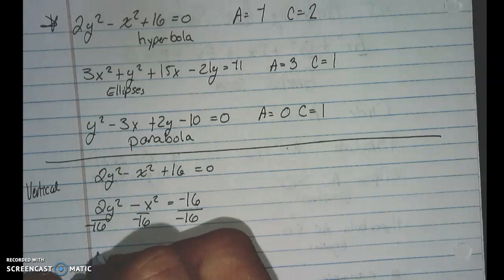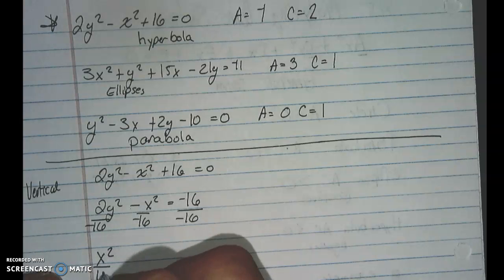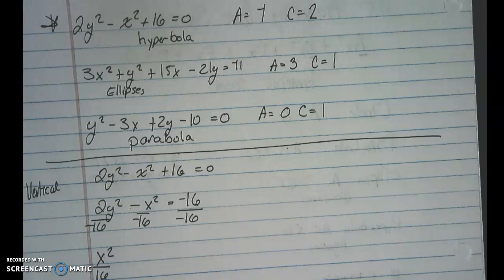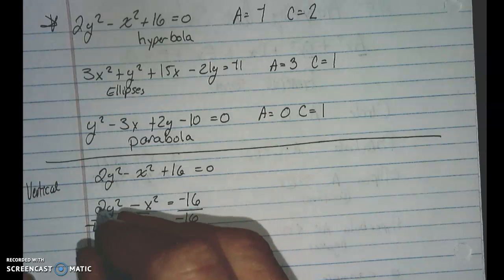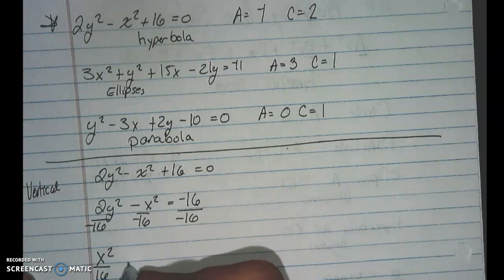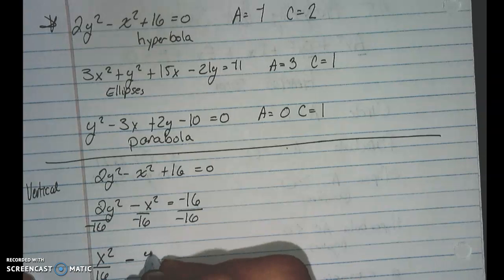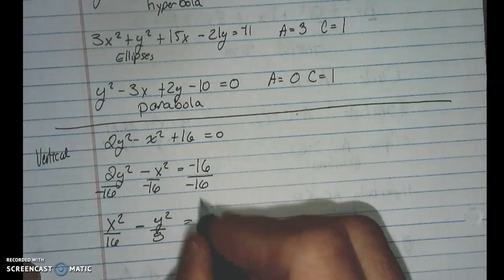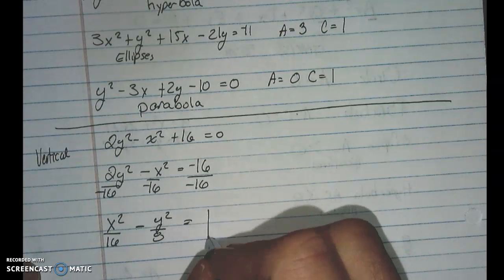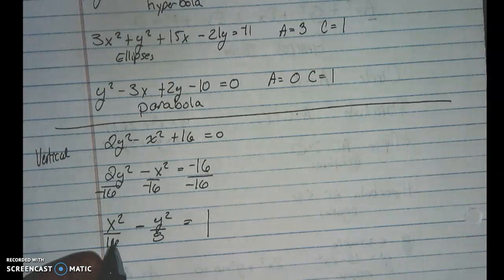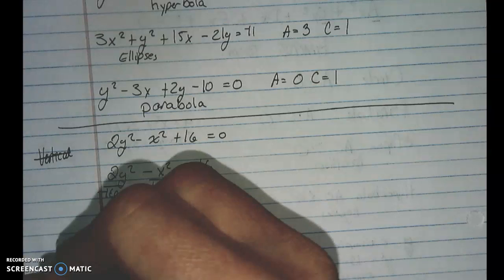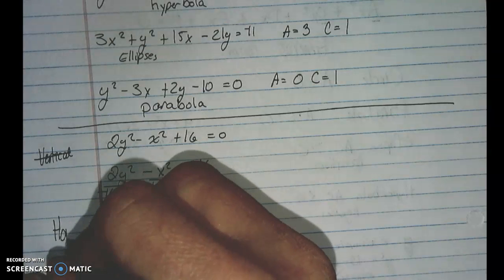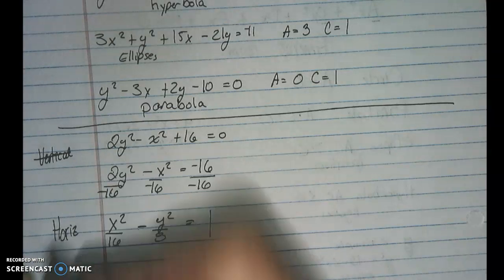So it becomes x squared over 16, right? Now what's 2 divided by negative 16? Negative 8. And negative 16 divided by negative 16 is 1. So now, since the y is negative, I need to change my understanding that it's going to be horizontal.